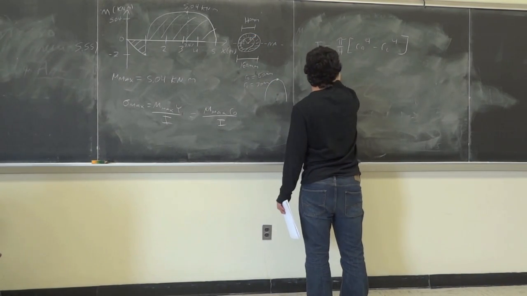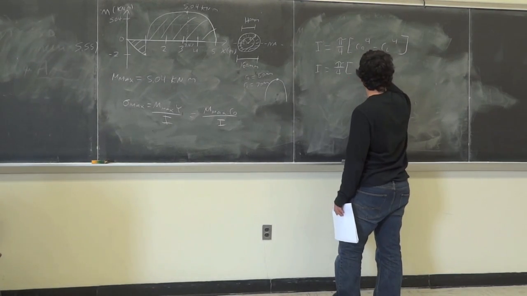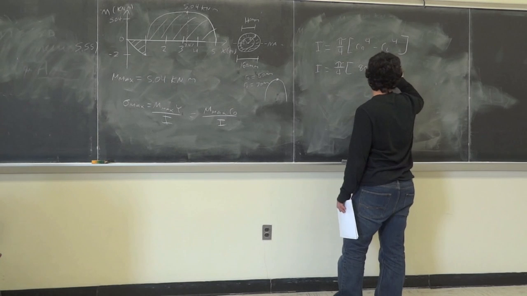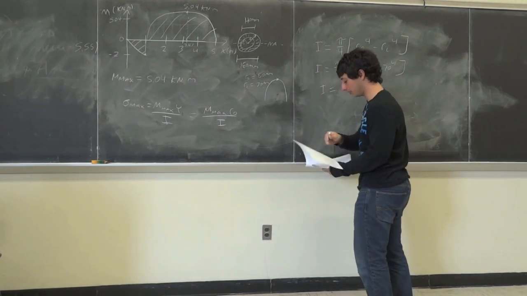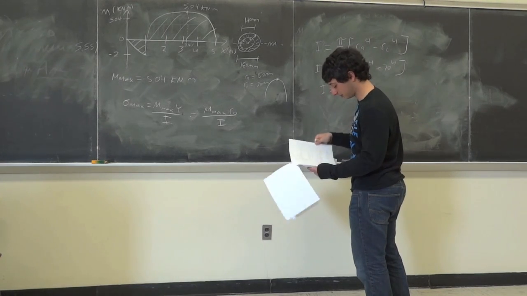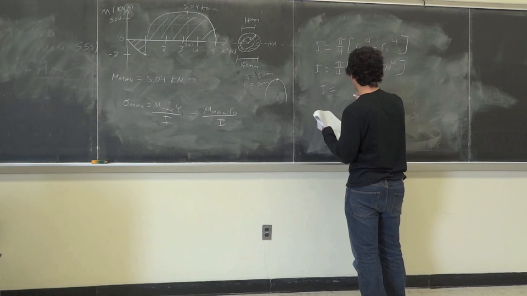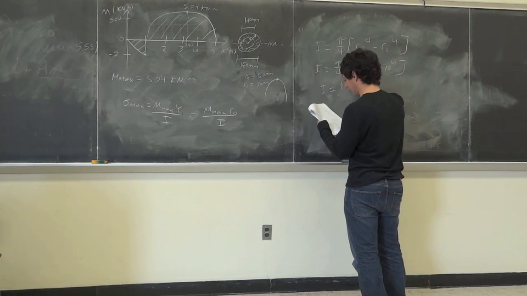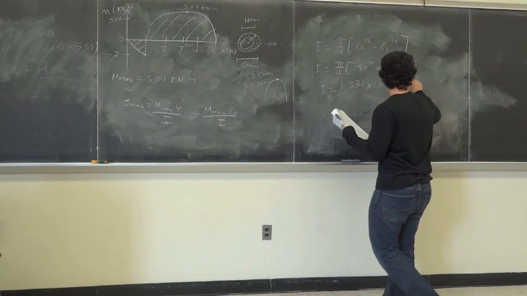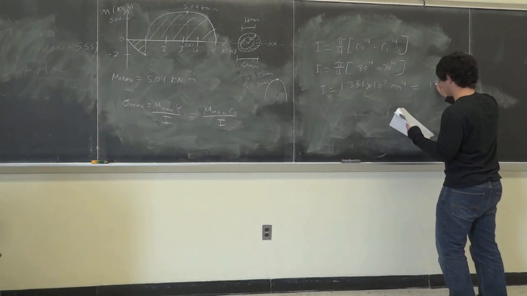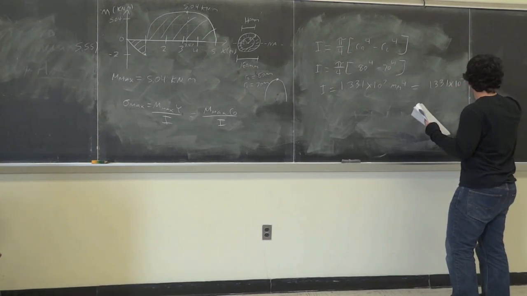So I is equal to pi over 4 times 80 to the fourth minus 70 to the fourth, which is equal to 1.331 times 10 to the 7 millimeters to the fourth, which is equal to 1.331 times 10 to the negative fifth meters to the fourth.